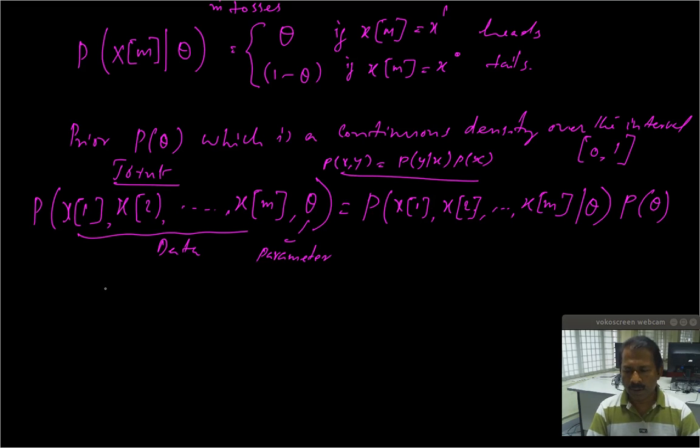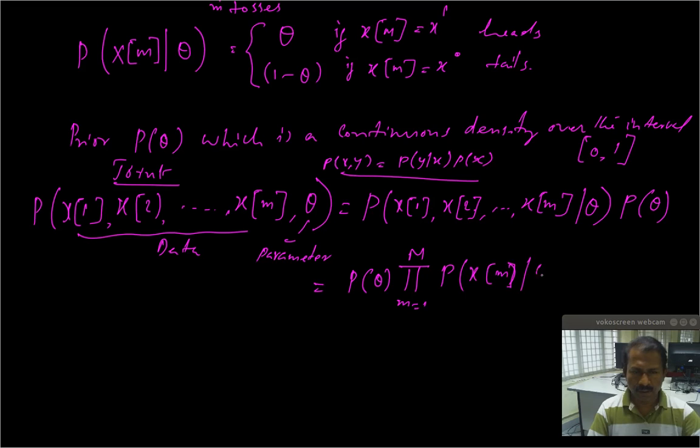So this will be p of theta, product of all the m's, p of xm given theta, right? So what is this part?